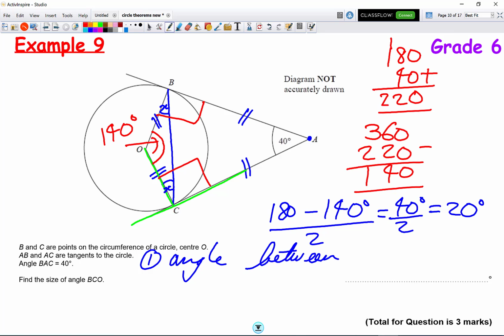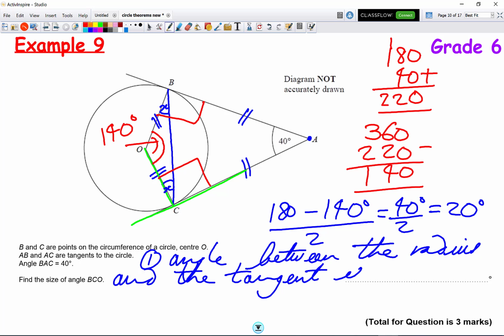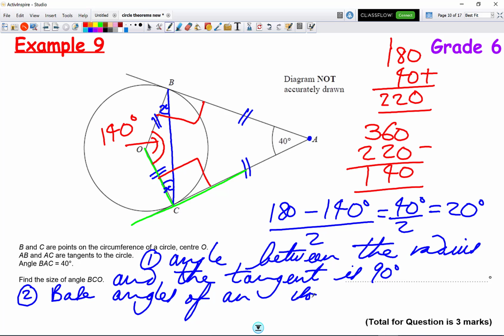Okay, so our reasons are that 1, the angle between the radius and the tangent is 90 degrees. 2, base angles of an isosceles triangle are equal.